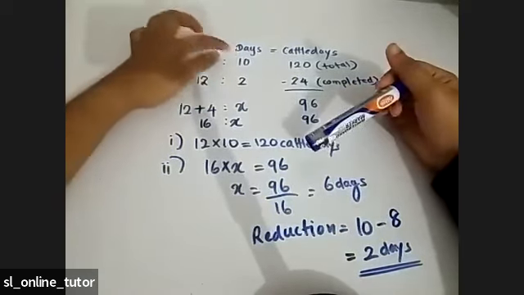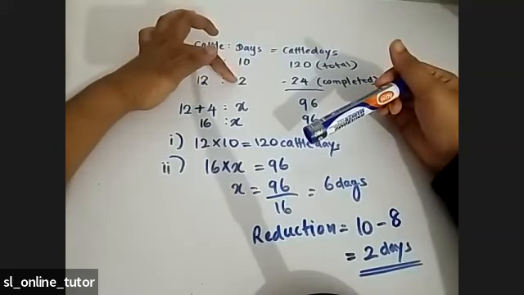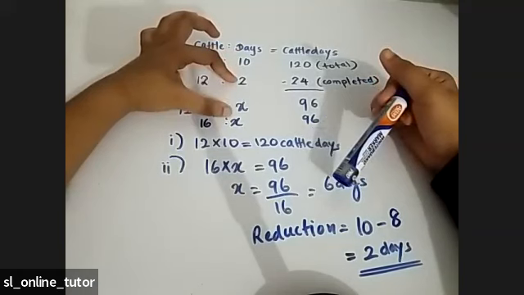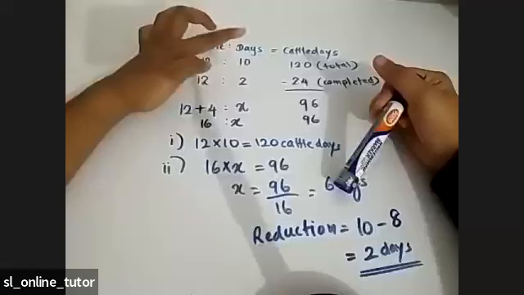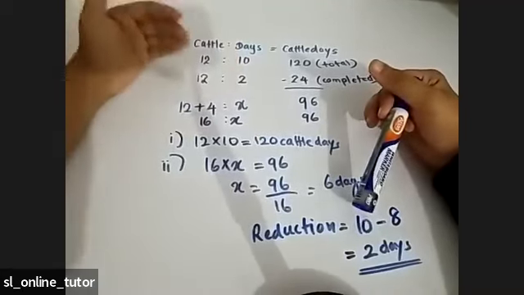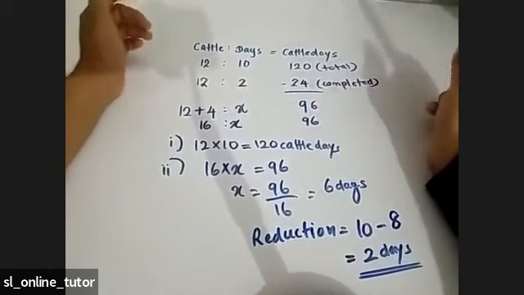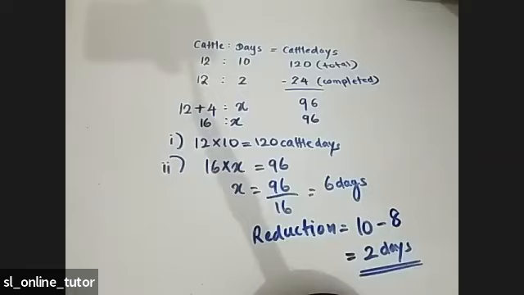So reduction means from the total 10, the completed 2 days, and for the extra cattle 6 days, totally 6 plus 2, 8. So from the total 10, we have to subtract 8. That is called the reduction of the days, 2 days. Is that clear? Miss, then the 6 days is sufficient for food. Yeah, 6 days is the number of days the food is sufficient for 16 cattle.